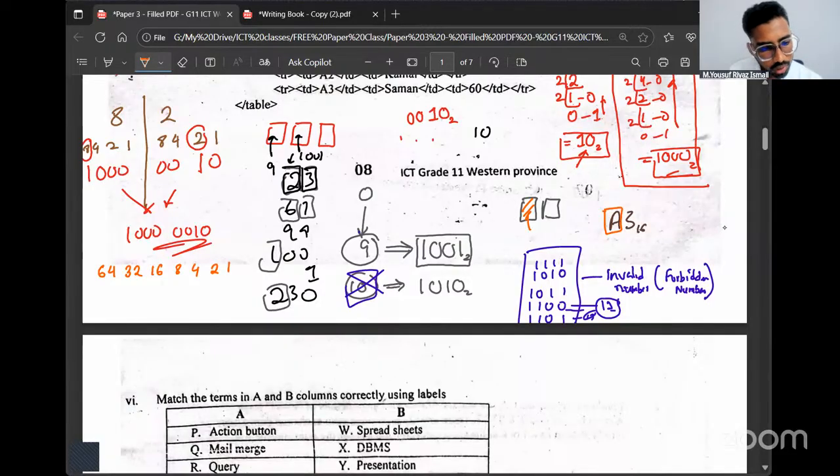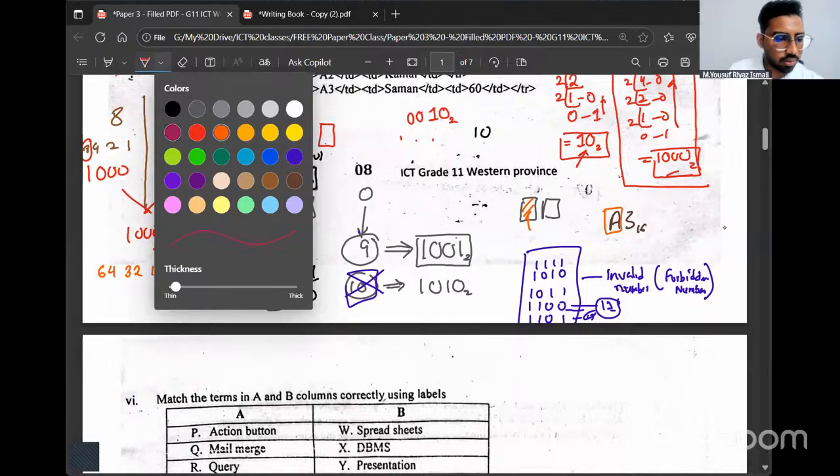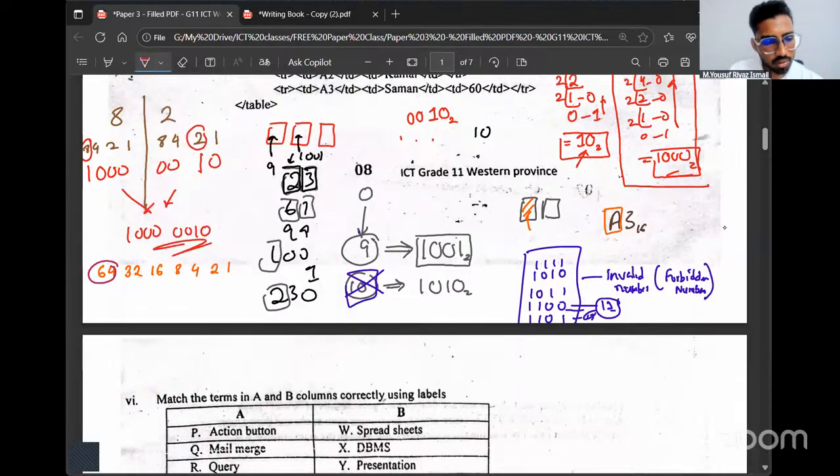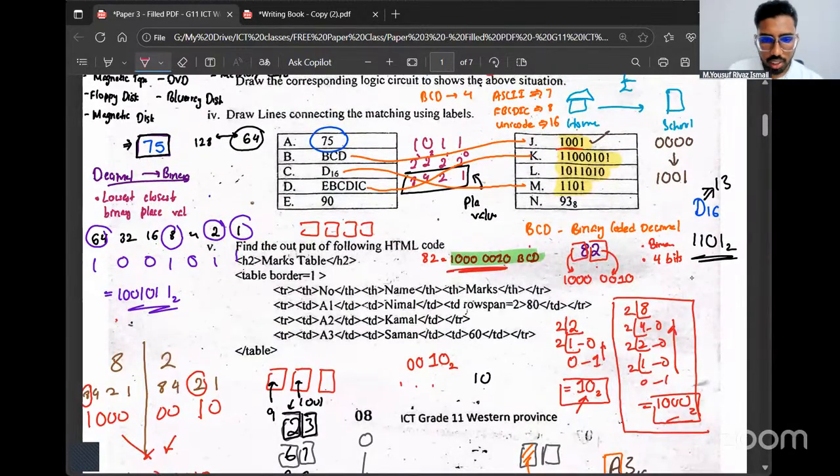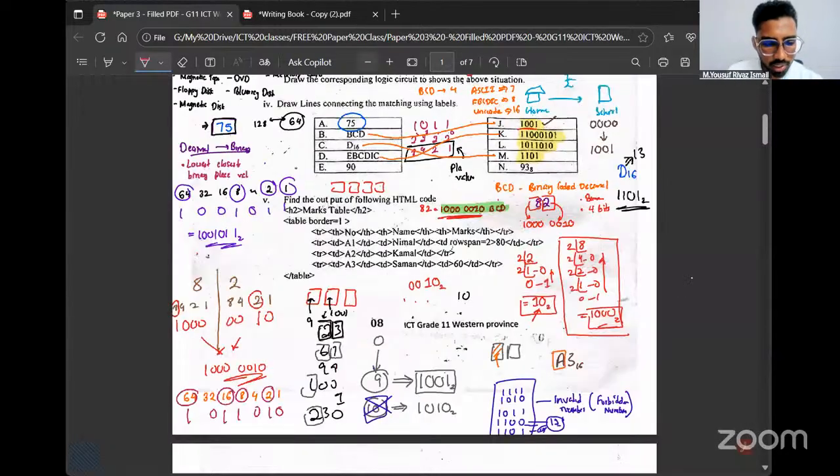Starting from 64, we add up to reach 90. So if you convert number 90 to binary, that's equal to 1011010. So these answers match.